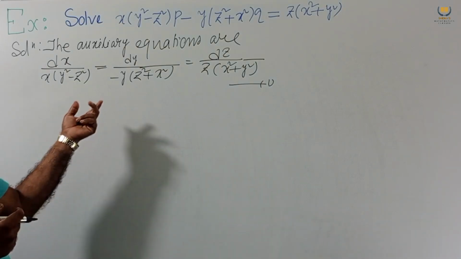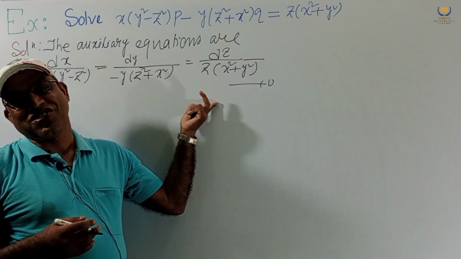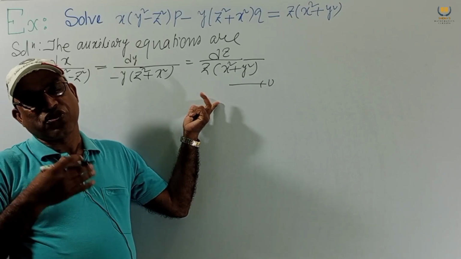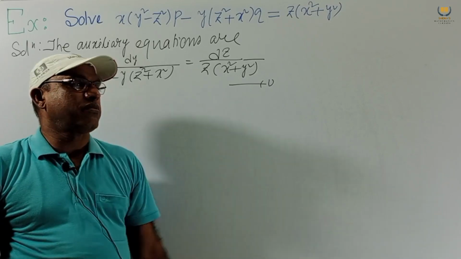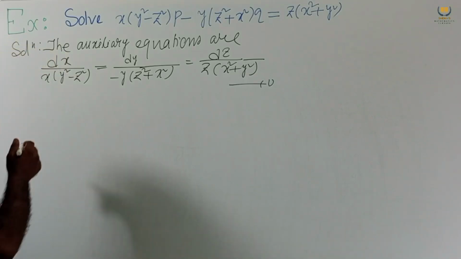Now our aim is to find a denominator equal to 0. We choose some multipliers in such a way that the denominator must be equal to 0.